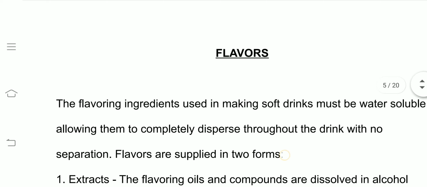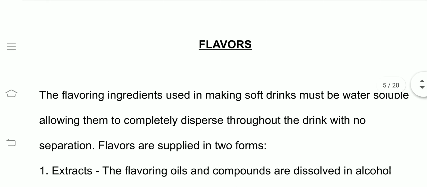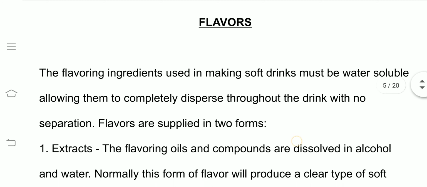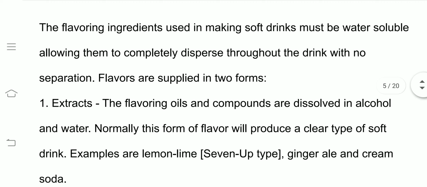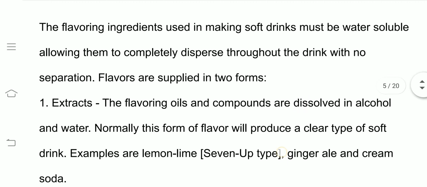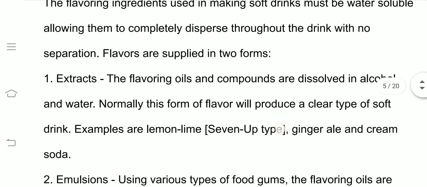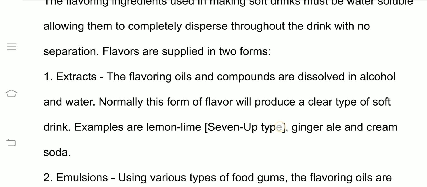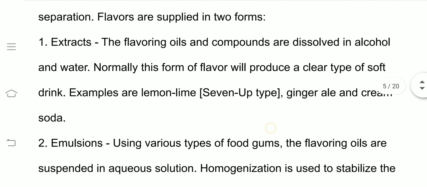Now third ingredient is flavor. Flavoring ingredients used in making soft drinks must be water soluble. This is mandatory because they have to dissolve in water in order to make the final product, and they should completely disperse throughout the drink with no separations.